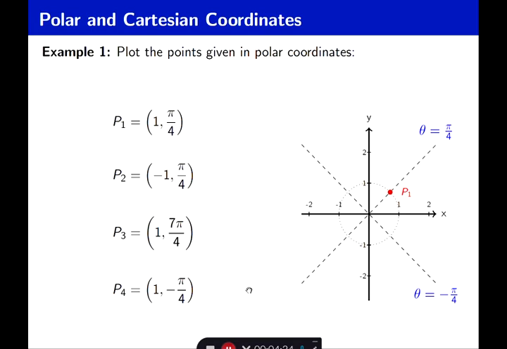Because all of the radii are 1, you're using a circle of radius 1, and the rays that signify the thetas: theta equal to pi half, theta equal to 3 pi half, theta equal to 5 pi half, and so on, and then you find the points.